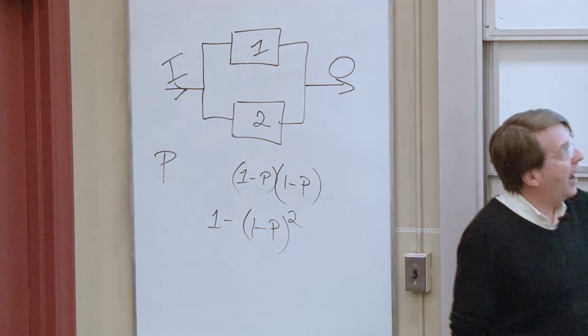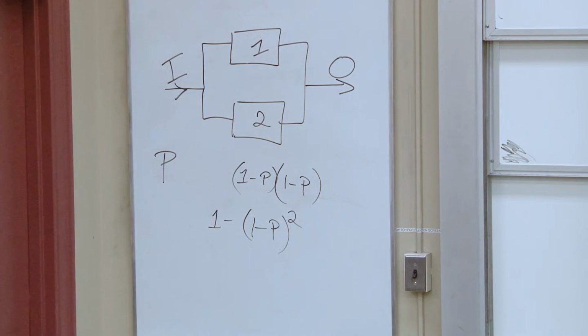Okay. Now, I have 2 in series. What's the probability of that working? P squared. Can you now figure out the probability of the whole thing working? It's 1 minus 1 minus. Chris, what do you think?